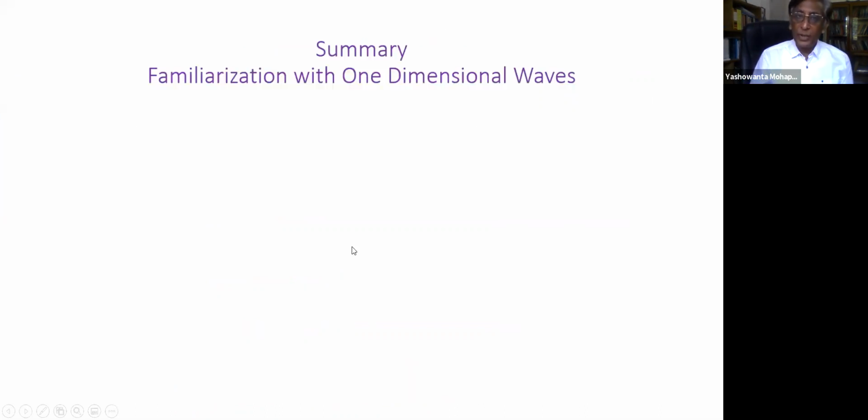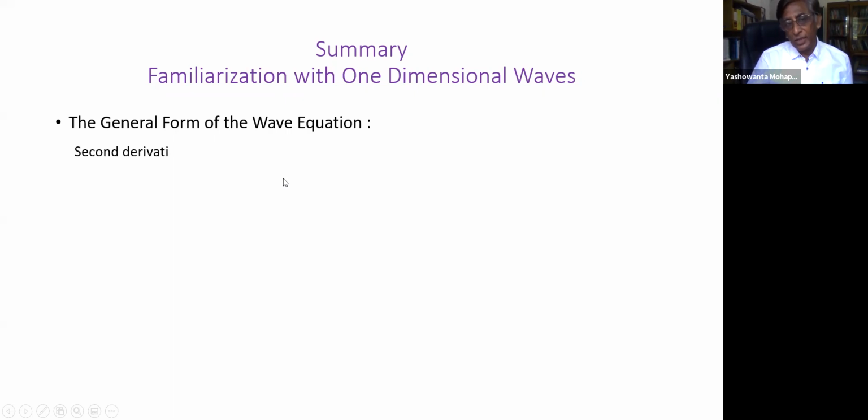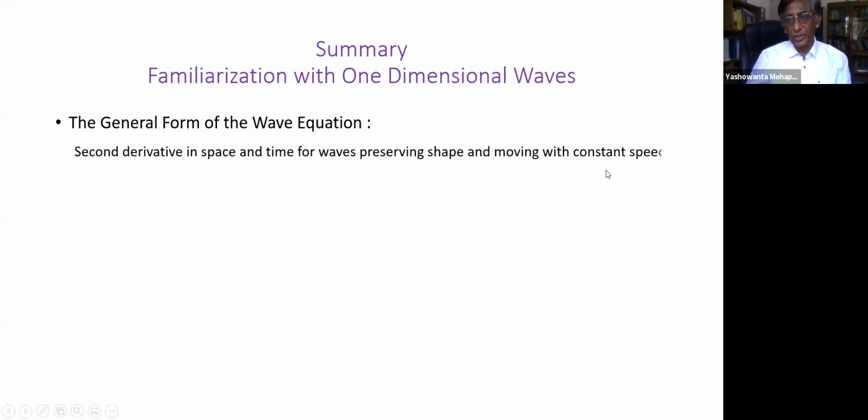So let's give a quick summary. The whole point was to familiarize you with one-dimensional waves and the general form of the wave equation, which we know is a second derivative in space and time, for waves that preserve shape and move with constant speed.